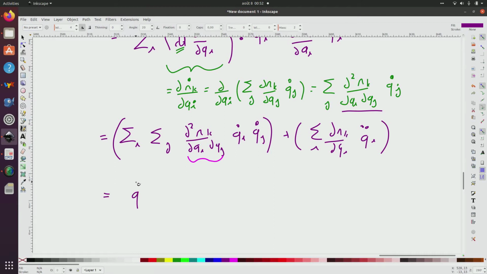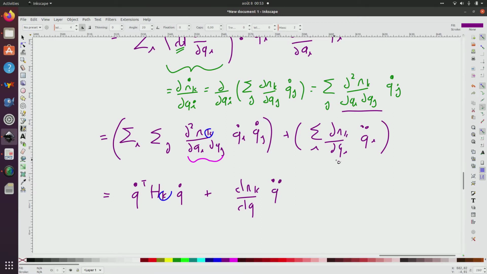It is q dot hk, q dot here transpose. So the k here is due to the k here, plus the derivative of rk with respect to q multiplied by q dot dot.